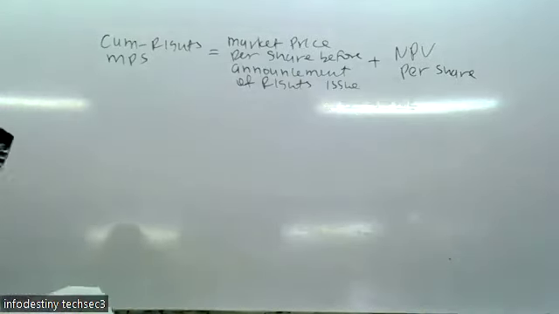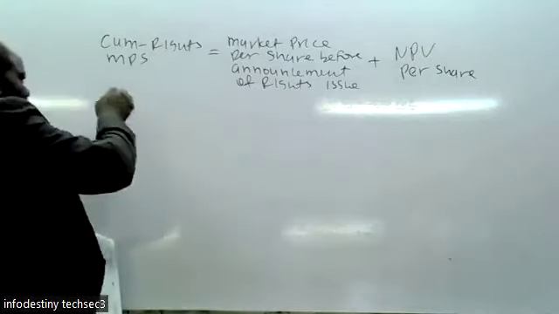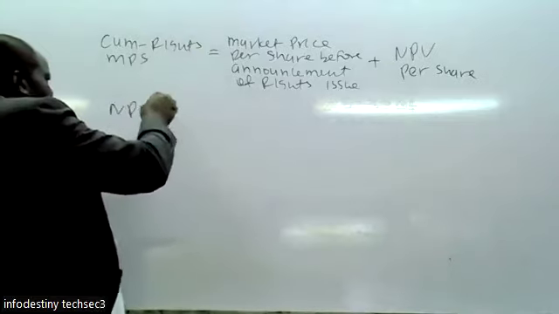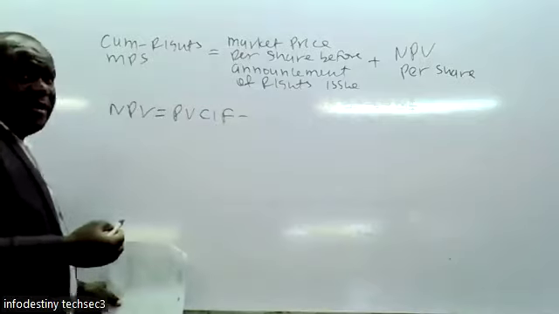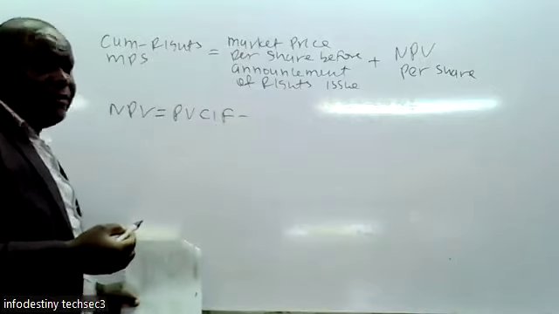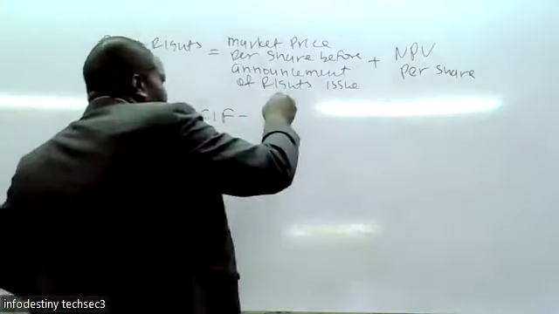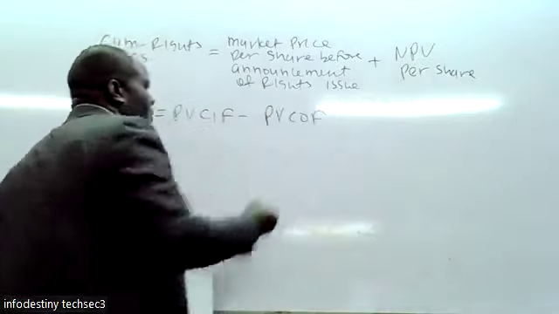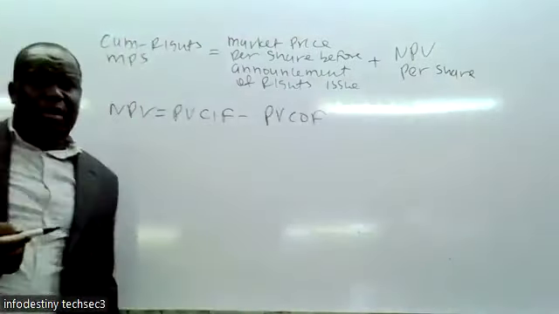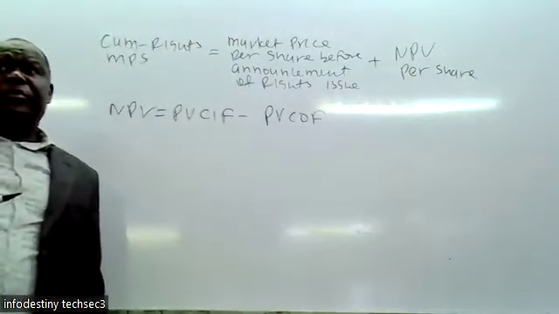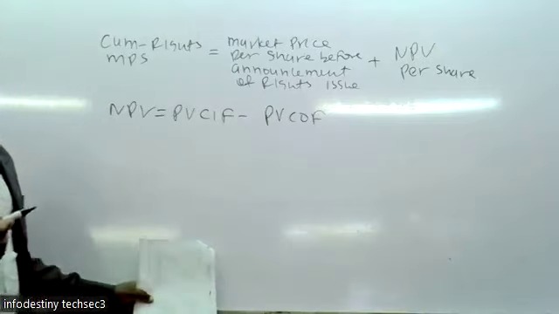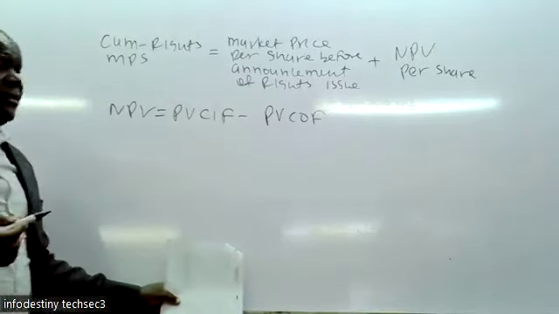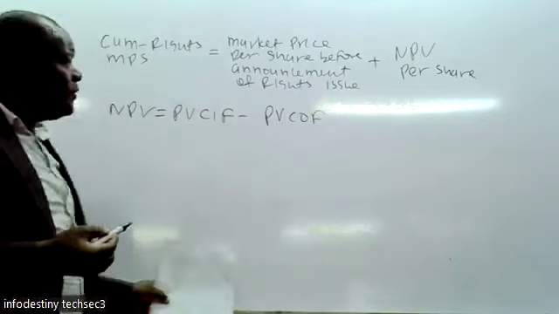To get the NPV, net present value, it is given by present value of the cash inflows minus present value of the cash outflows.